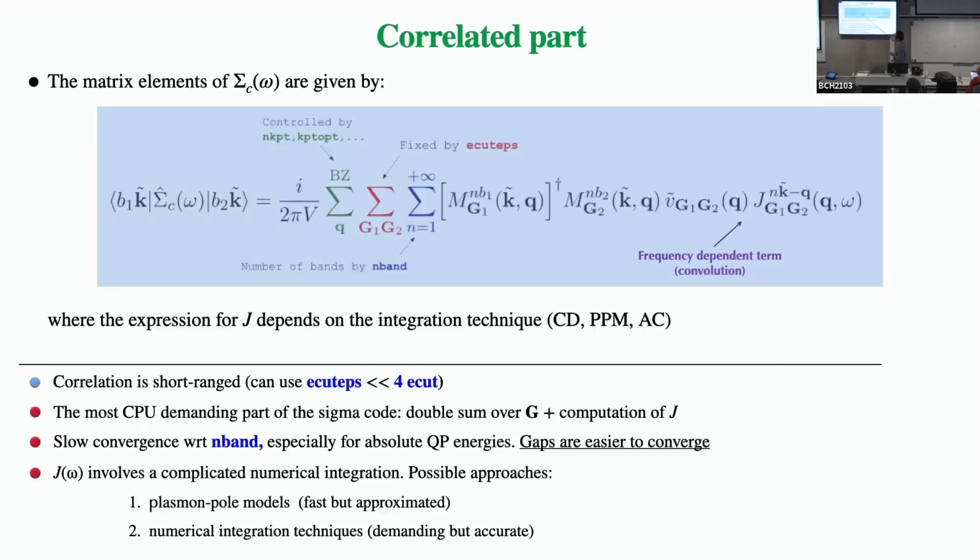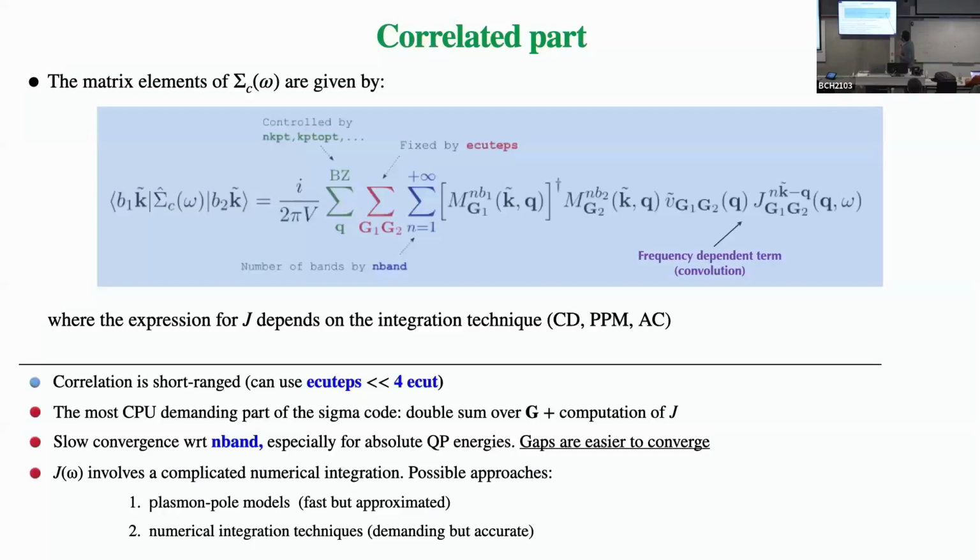The number of plane waves is defined by the cutoff in the polarizability. And most importantly, in the correlated part we have to sum over, in principle, an infinite number of states, and the convergence is very slow.